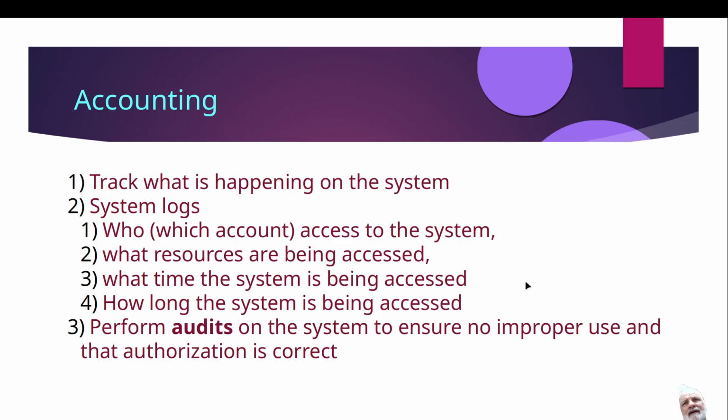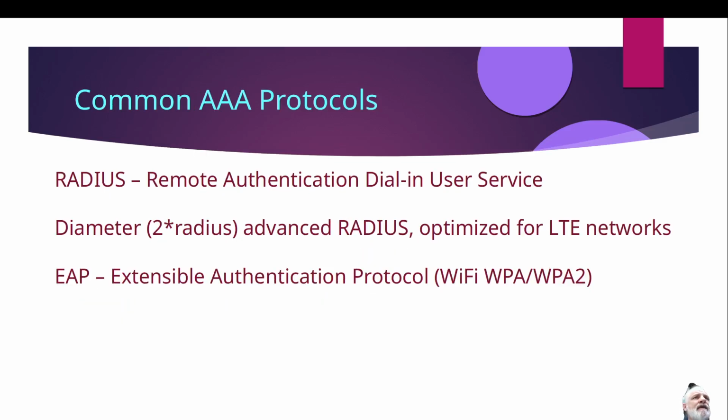The system needs to track who's doing what they're accessing, and then you have to have audits performed on the system so that when you look at the system, you can verify whether somebody is able to access something they shouldn't, or things along those lines. So the accounting piece is a critical piece of your security.